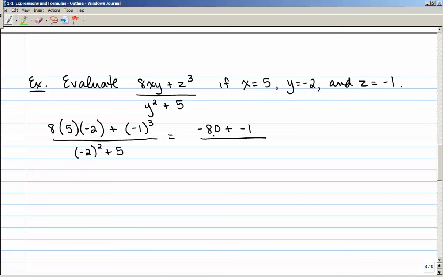And on the bottom, -2 squared is 4 plus 5. And continuing to evaluate the top and the bottom separately gives me a negative 81 over 9, or a negative 9 for my final answer.